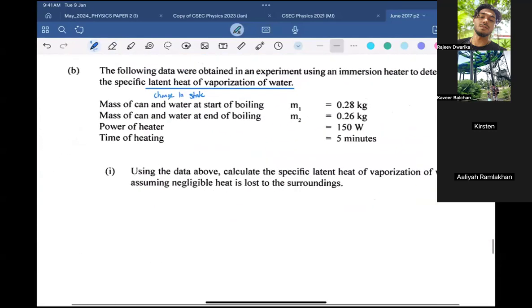Do you remember the formula for latent heat of vaporization? E is equal to MC delta theta? No, that's for specific heat capacity.